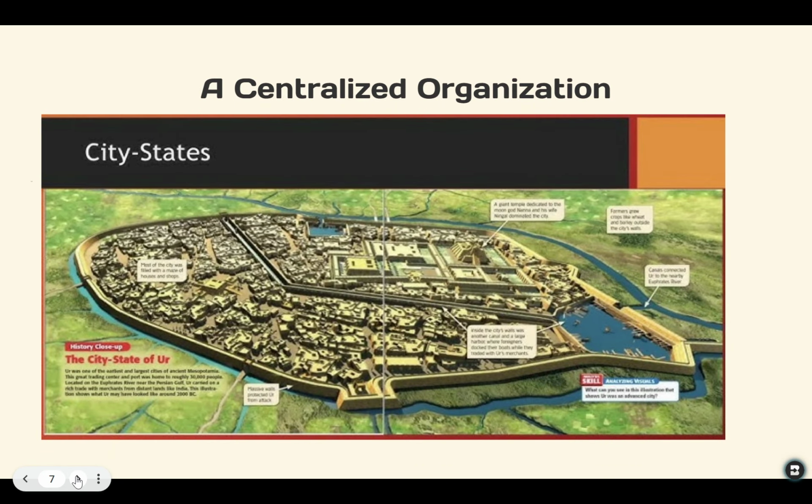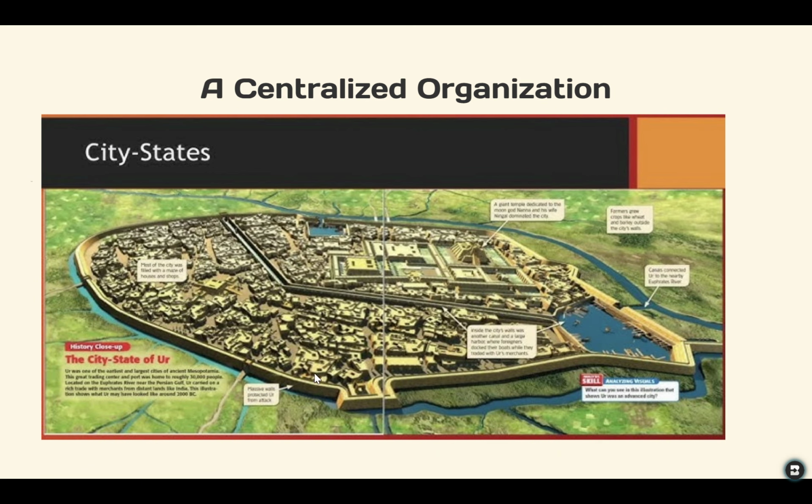Okay, a centralized organization is another characteristic of government, and this example is a city-state. Basically, this structure is organized so that people can live and work and have the expectations. They know where to go to buy things and where the government is located, and it just helps their civilization run smoothly.